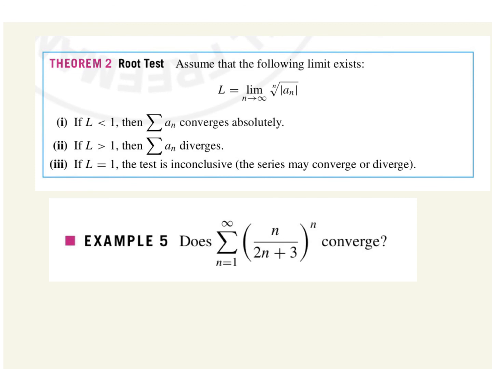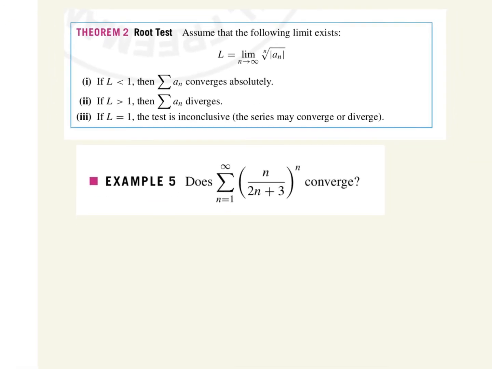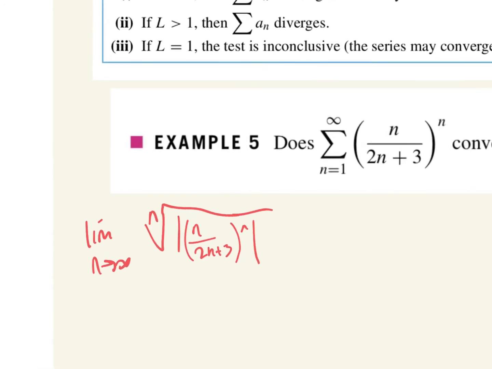Okay? So this first example just has us asking, what's the limit as n approaches infinity of the nth root of the absolute value of n over 2n plus 3, to the nth power? Of course our nth root and our n powers cancel out.